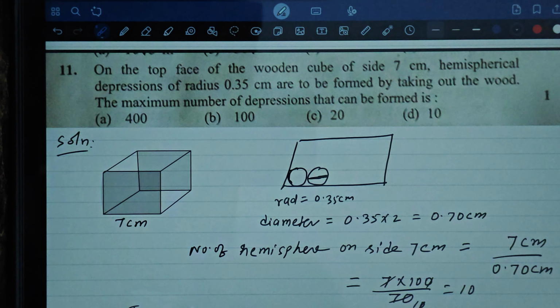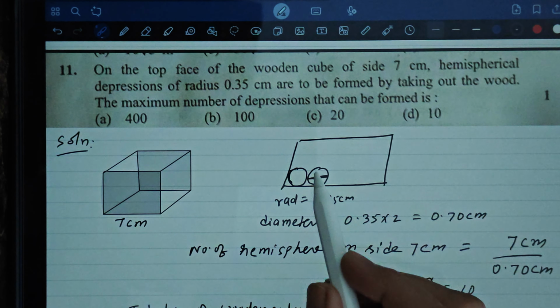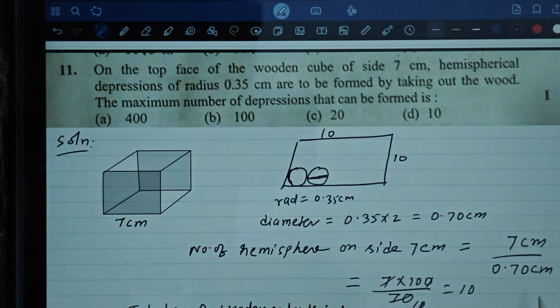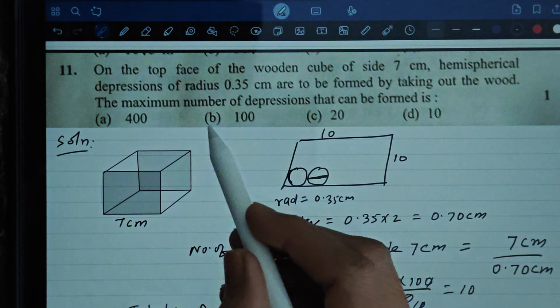So total number of wooden cutouts in hemisphere will be 10 into 10, okay. So here 10 and here 10, so 10 into 10 is 100. So this will be the solution.